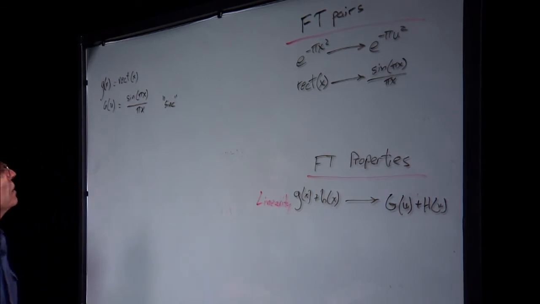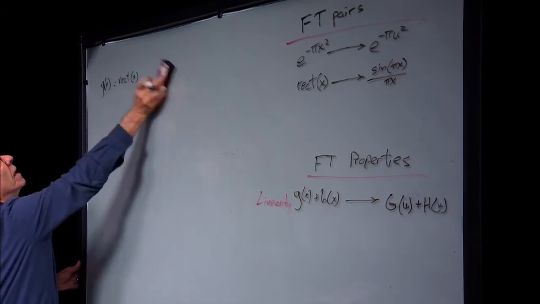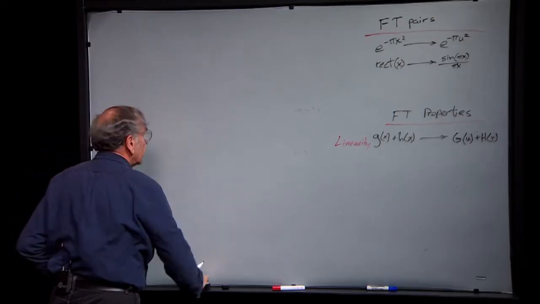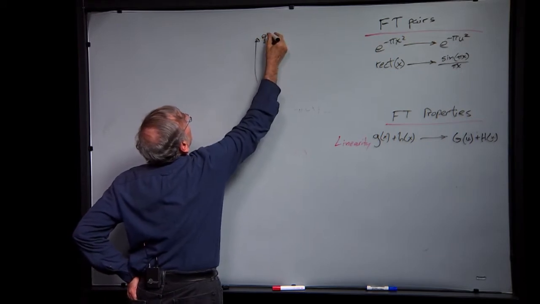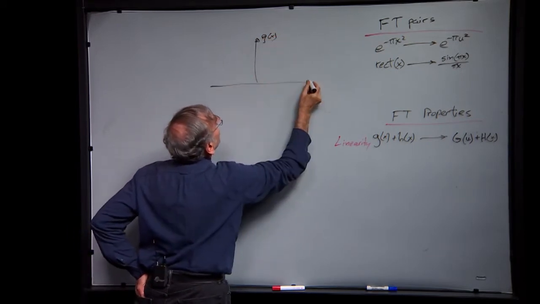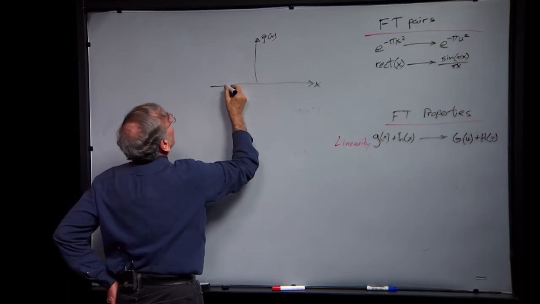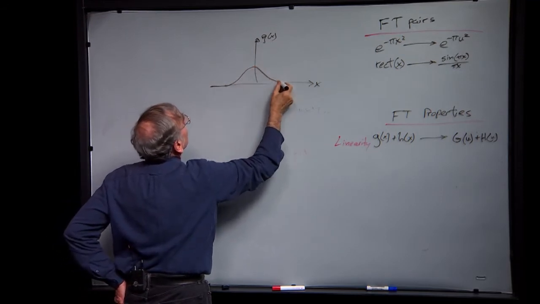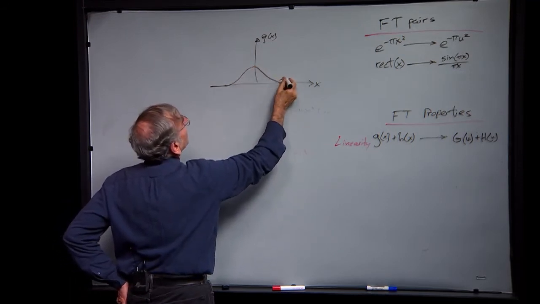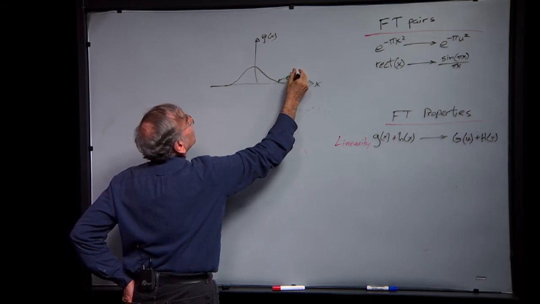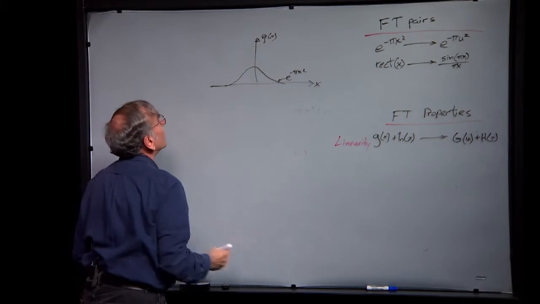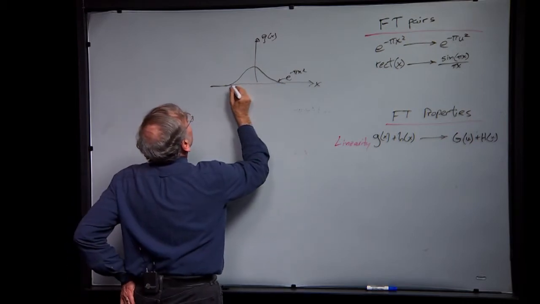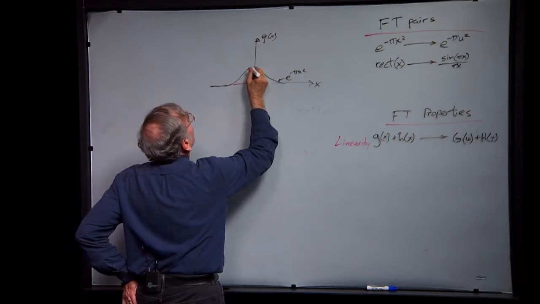Another property I want to talk about is the scaling property. Let's do an example. Let's suppose that I'm now plotting my g of x as a function of x. And this is my old Gaussian function. This is my e to the minus pi x squared. And now I'm going to have a new function that is going to be narrower and sharper.